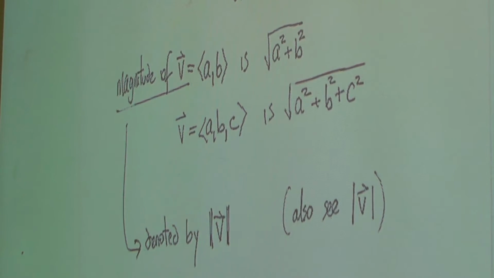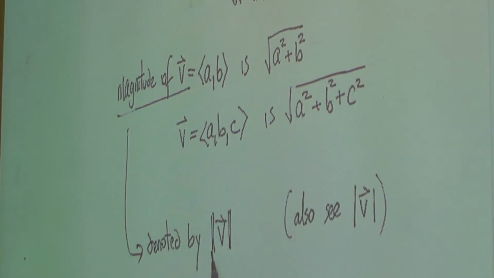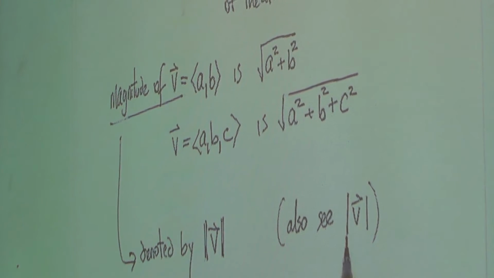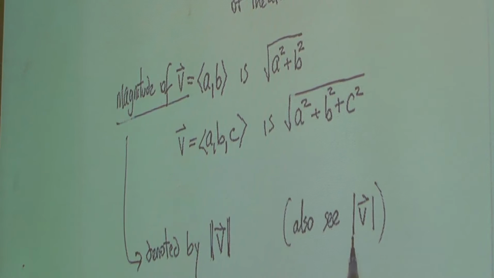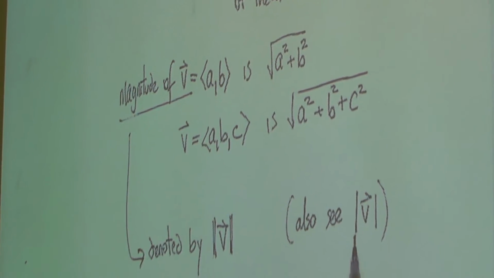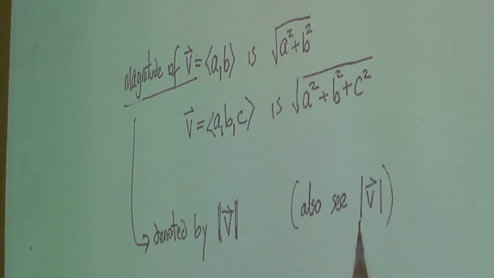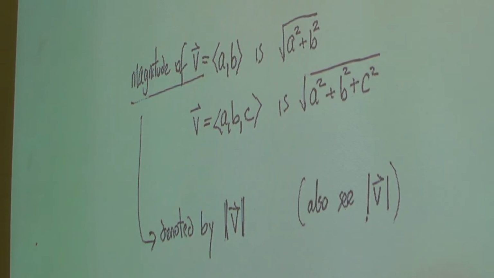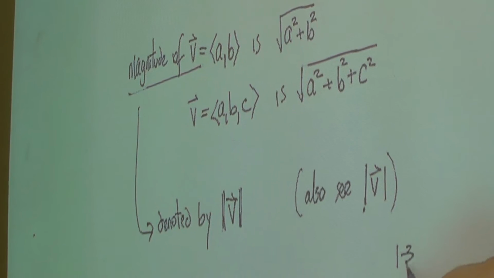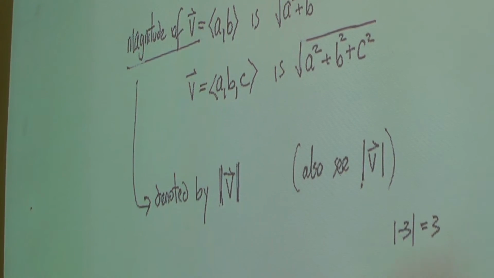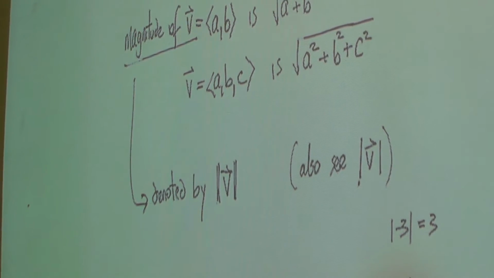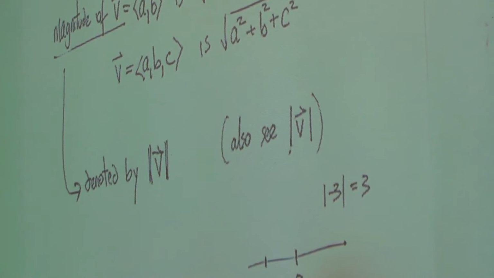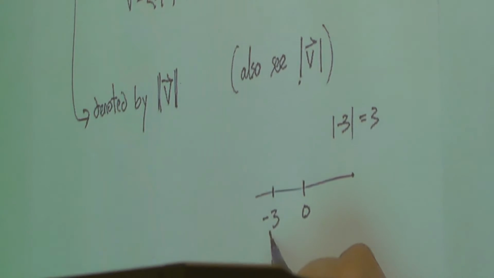Either way, it's going to look either like the double lines or like an absolute value. An absolute value is also just a length. You know, if you take a look, absolute value of -3 is the length between 0 and -3.